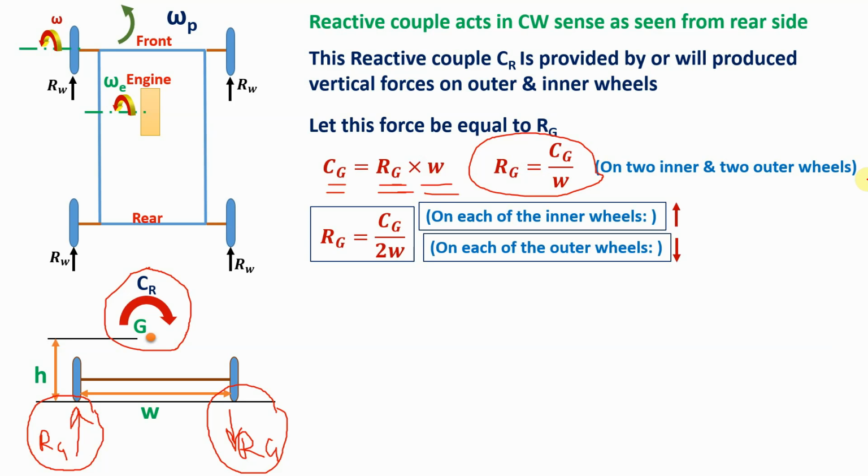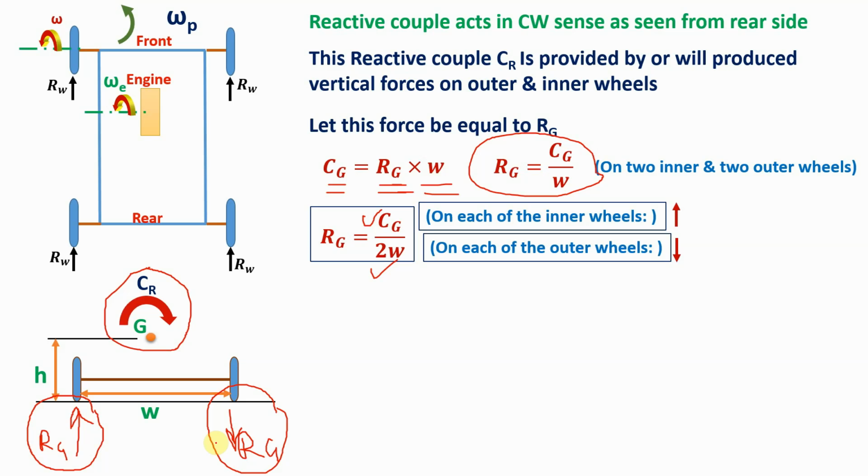Therefore, reaction on each of the inner wheels and each of the outer wheels will be equal to Cg upon twice W. Okay. There are two wheels on left side and there are two wheels on right side. Rg is the total reaction on left side and Rg is also the total reaction on right side.